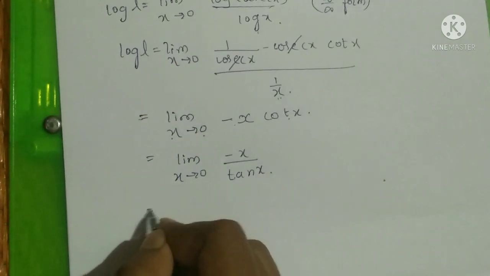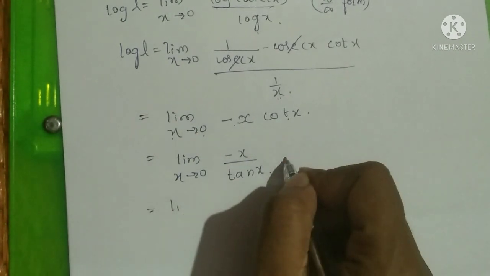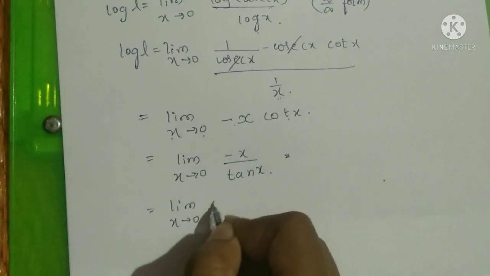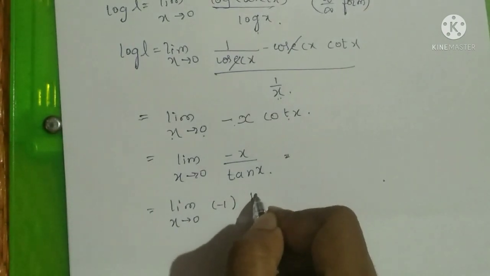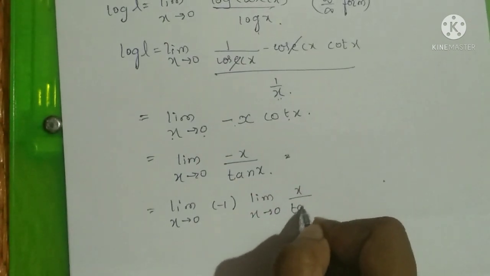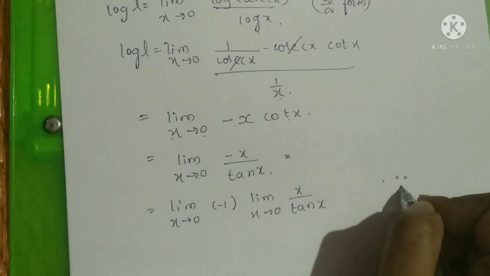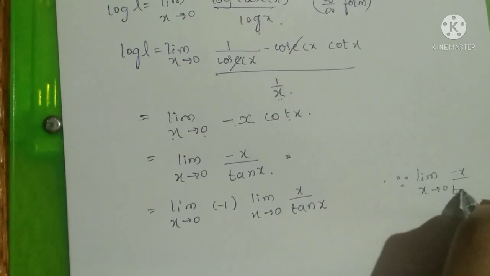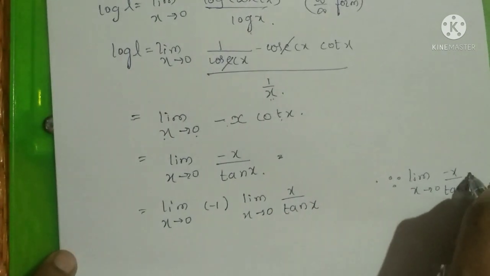This term can be written as limit x tends to 0 of minus 1 into limit x tends to 0 of x divided by tan x. As you all know, limit x tends to 0 of x by tan x is 1.